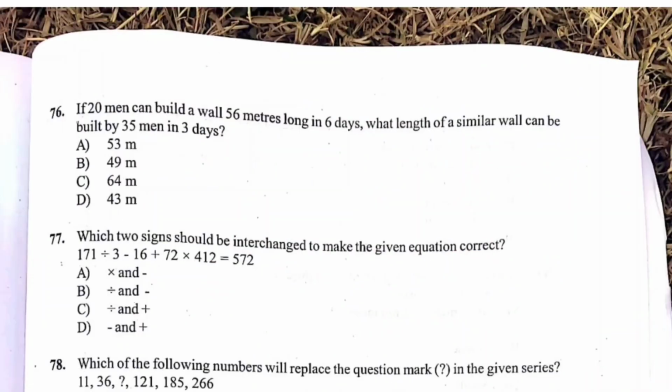Next question is, if 20 men can build a wall 56 meters long in 6 days, what length of similar wall can be built by 35 men in 3 days?